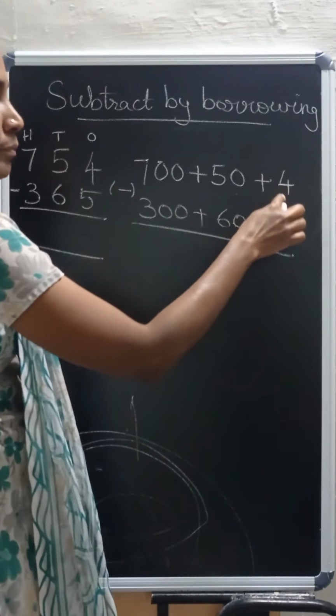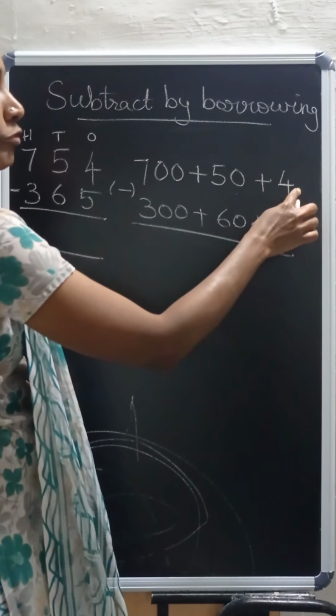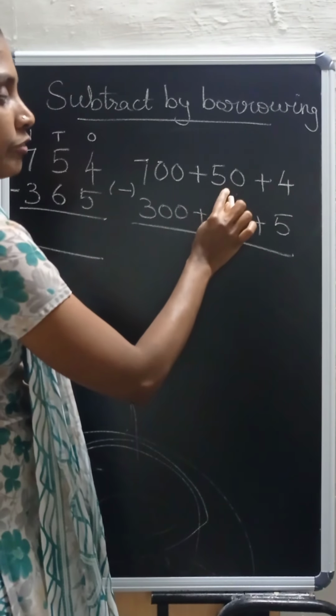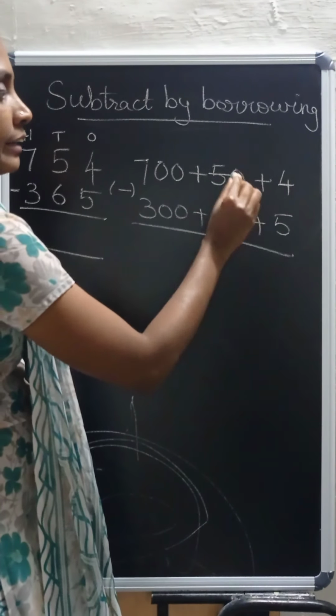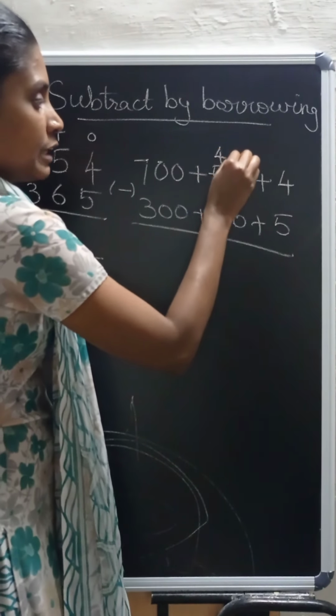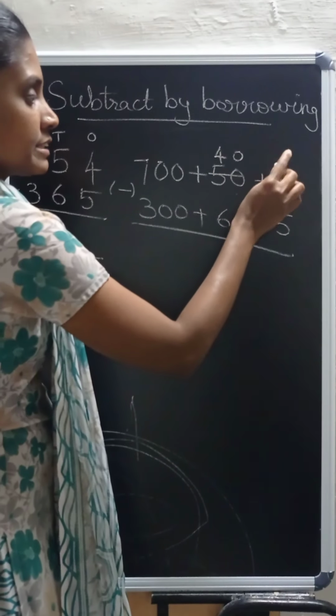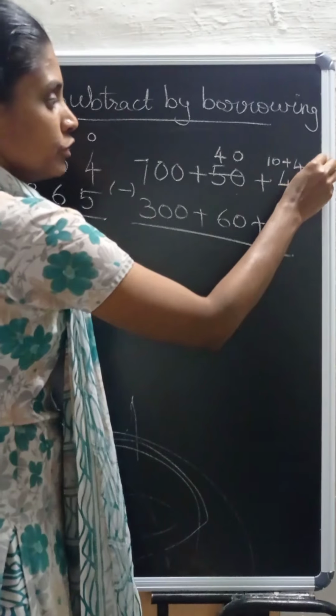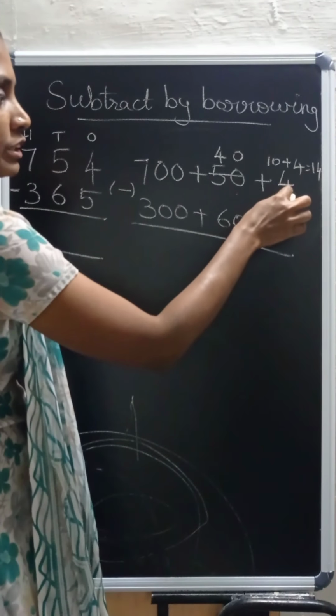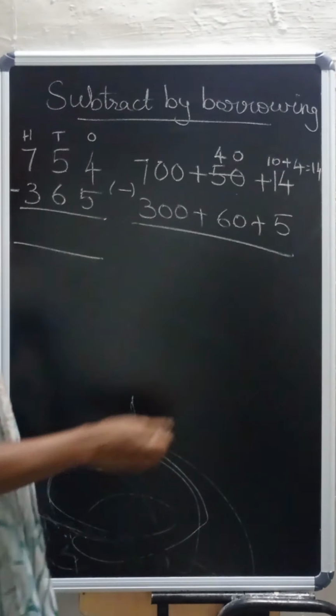See, I cannot subtract 5 from 4. So I need to borrow from the tens place. From tens place I can borrow only 10. So 50 becomes 40. This 10 comes here. So 10 plus 4 is equal to 14. So this 4 becomes 14.